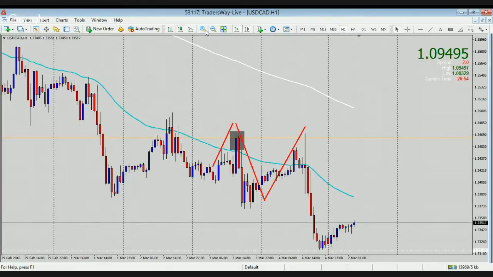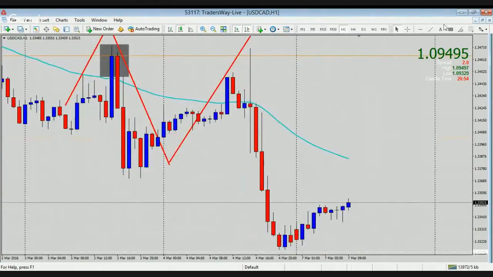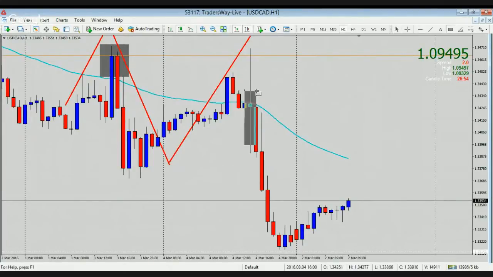Now this is an engulfing candle right here. This red candle right there, that's an engulfing candle, the one with the long wick. The reason why is because we are allowed to use the engulfing candle's top wick on an M formation, not the bottom wick, the top wick.